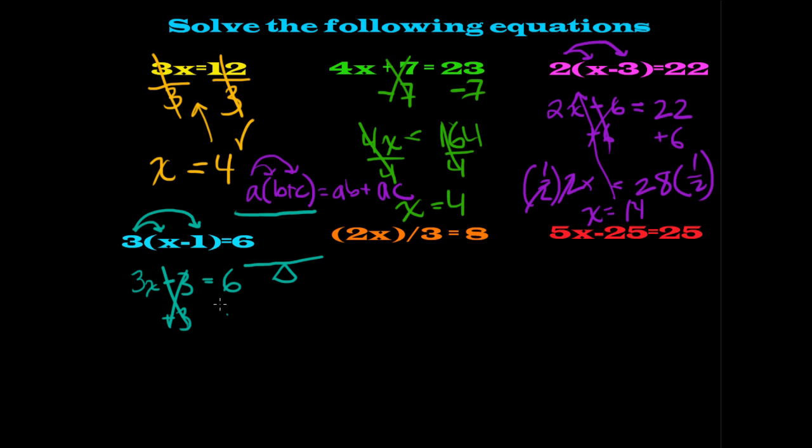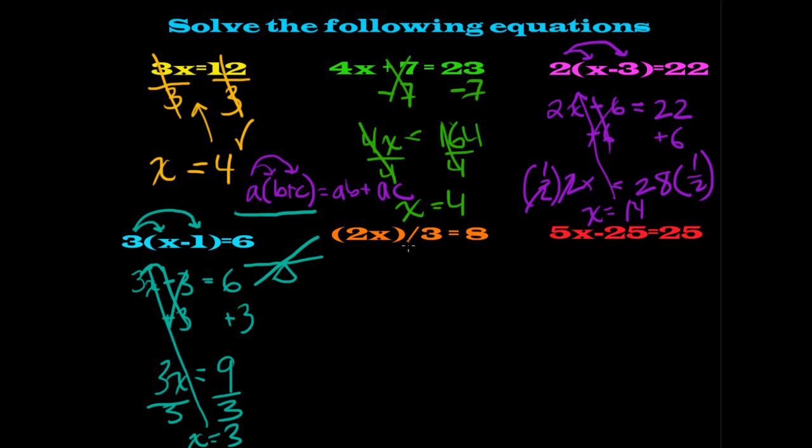But you can't just do it to this side, otherwise the balance tilts, so you have to also do it to this side. 6 plus 3 is 9. 3x equals 9. Now, next step, divide each side by 3, and x is equal to 3. You plug in your answer to verify that you're correct.